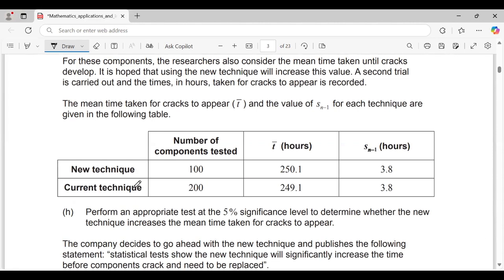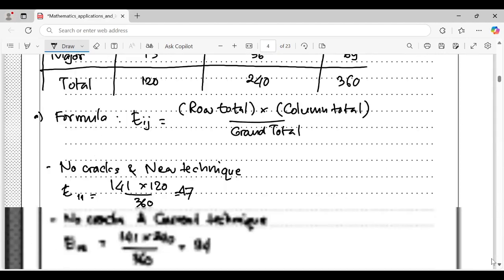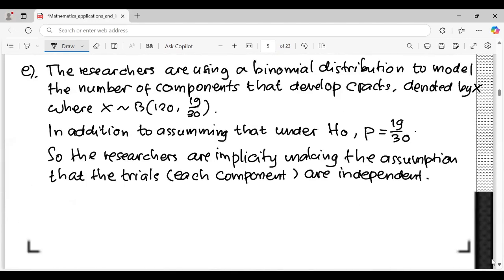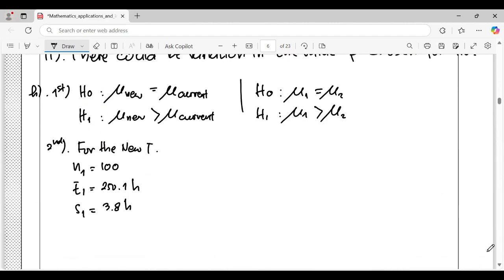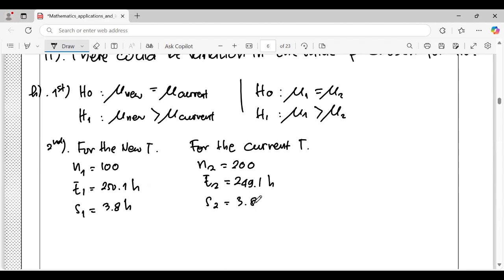And for the current technique, n2 is 200, and then t2 is 249.1 hours, and the standard deviation s2 is 3.8 hours.